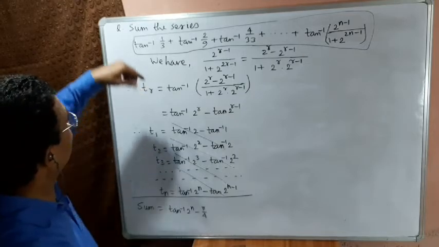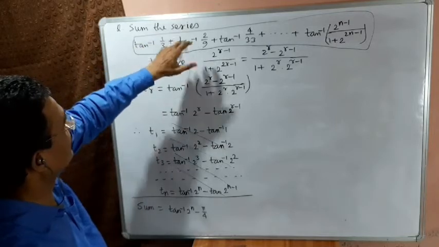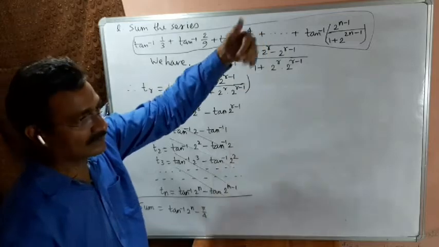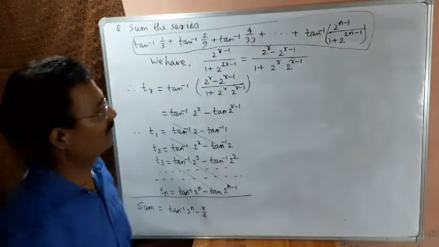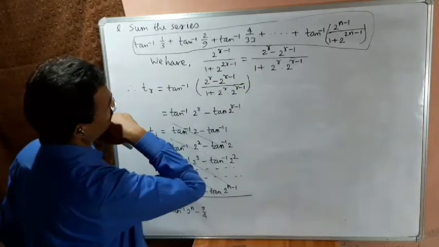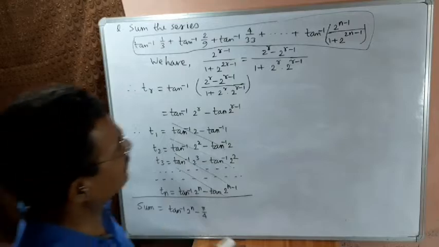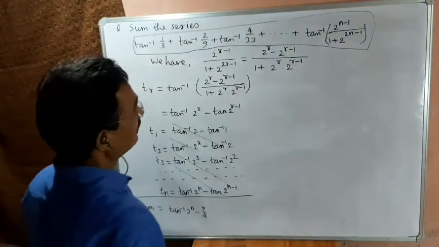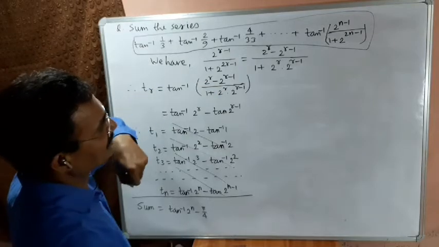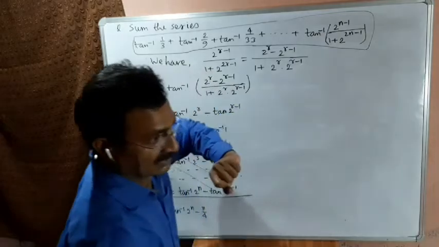You can think the numerator is very clear: 1, 2, 4, next should be 8, 16, 32 and so on. But the denominator is 3, 9 and then 33. So then this may have problem, but its last term is given. So we can think that the pattern is like this: 2 to the power n minus 1 by 1 plus 2 to the power 2n minus 1.